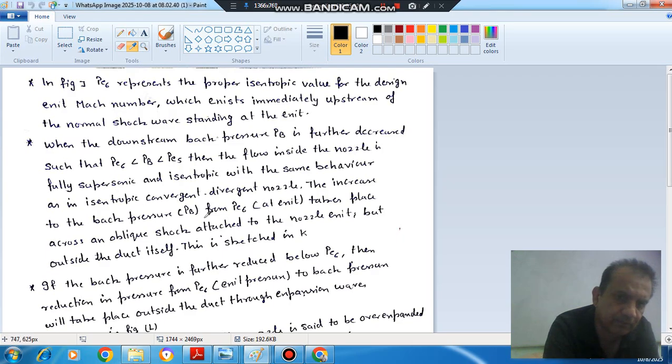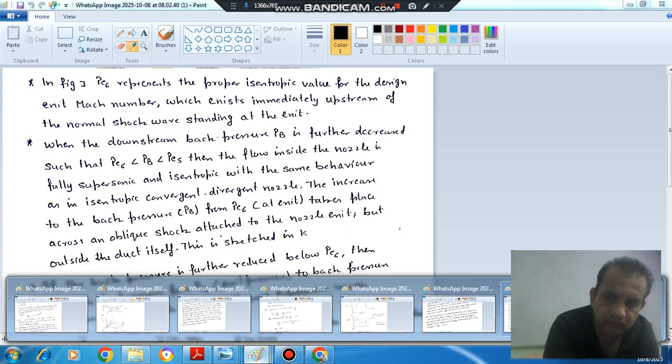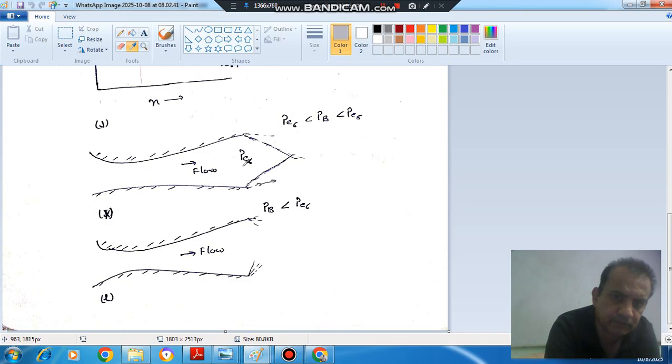The increase in back pressure from P6 at exit takes place across an oblique shock attached to the nozzle exit, but outside the duct itself. This is situation K. So this increase in pressure from P6 to PB will be through oblique shock here at the exit, outside the nozzle.